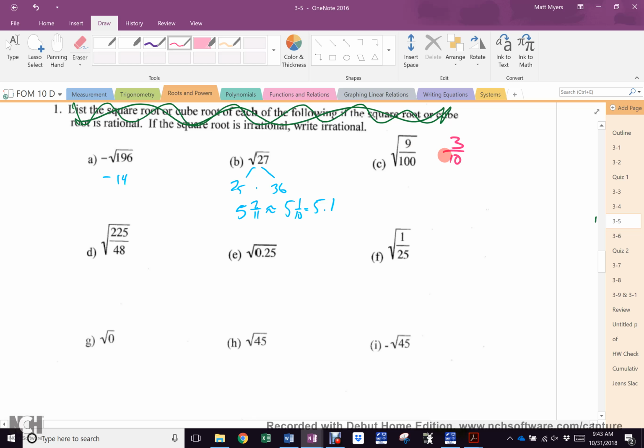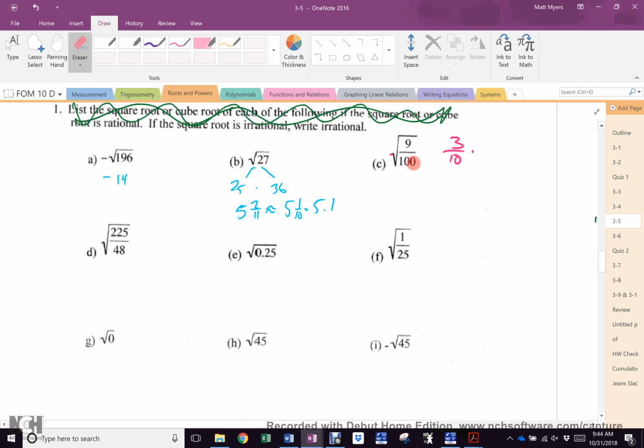Now, that makes sense because this symbol is asking for 2 equal factors, yes? So if I had 3/10 times 3/10, what's 3 times 3? 9. It's 10 times 10, 100. Boom, boom. So the answer is 3/10.